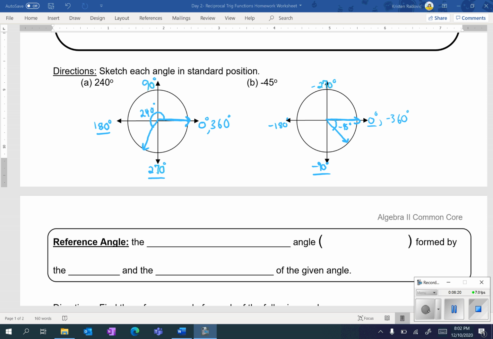So instead of using such a large number, we're going to refer to a smaller number. This is called a reference angle. A reference angle is a positive acute angle in which theta, the angle measure, is between 0 and 90 degrees, and it's formed by the x-axis and the terminal side of the given angle. I'll explain what that means in a bit. It's easier to show it visually.